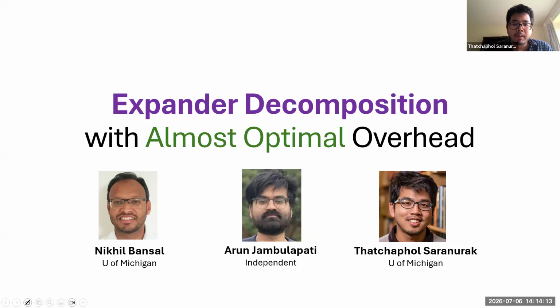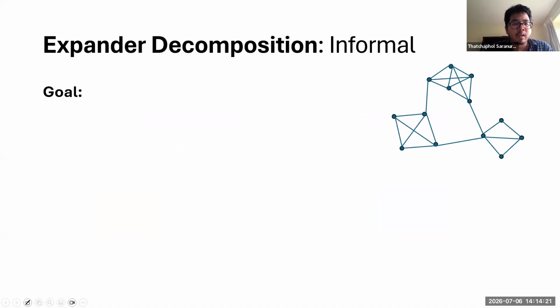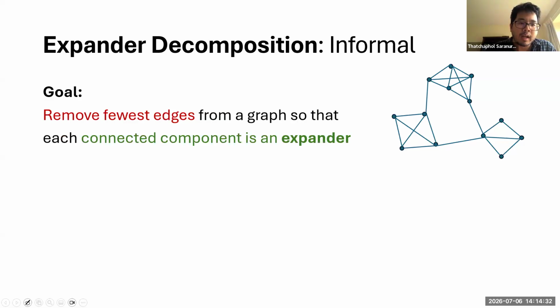Let me start by telling you what expanders and expander decomposition are. The informal goal of expander decomposition is this: you want to remove the fewest number of edges from the graph so that each component after that deletion becomes an expander. The picture looks roughly like this.